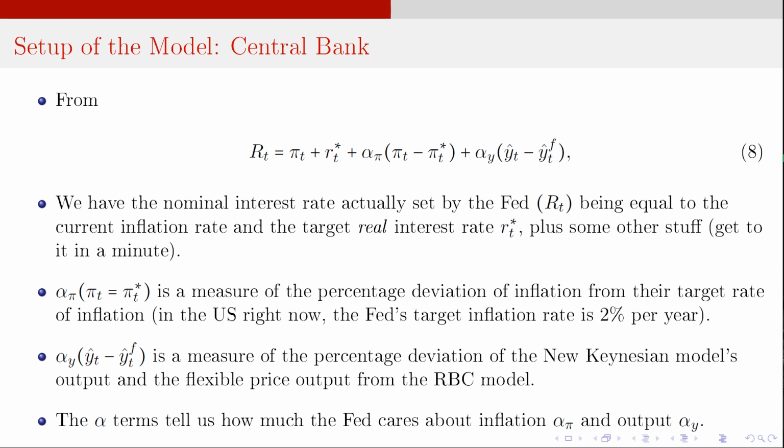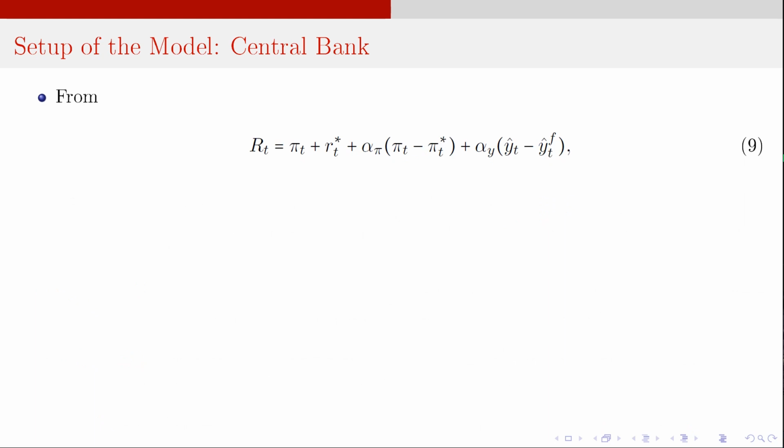The alpha terms tell us how much the Fed cares about inflation, alpha pi, and output, which is alpha y. So from this, we have two different types of policymakers at the Fed. We have inflation hawks, who care more about stabilizing inflation, keeping the current inflation rate close to its target rate, than they do minimizing the output gap.